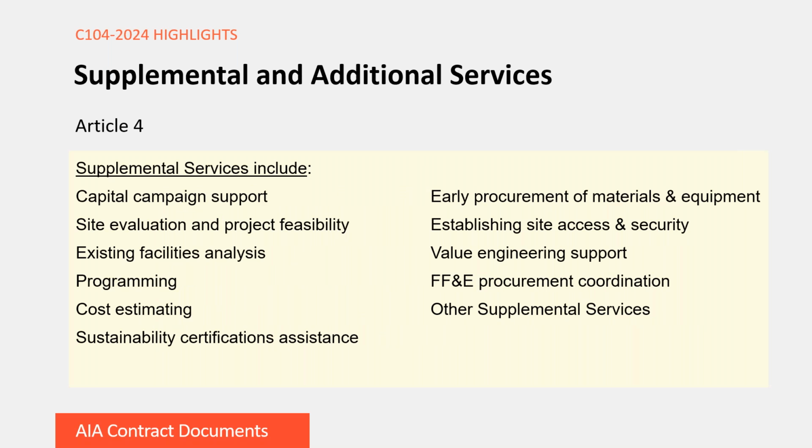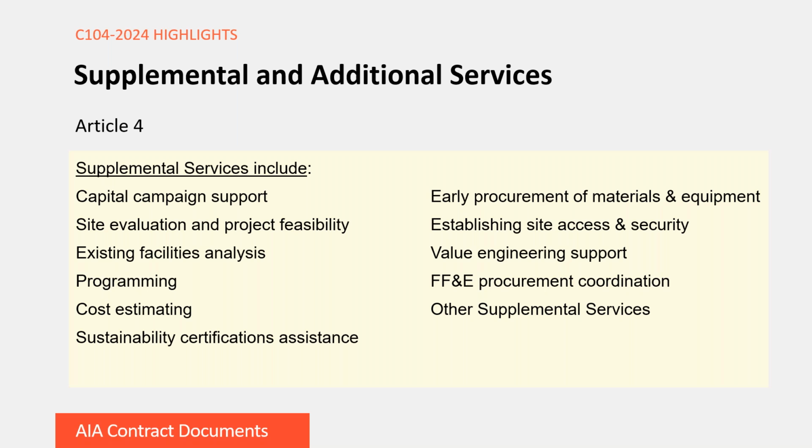Sure. So I think it's helpful as a reminder to say that supplemental services are those services that the parties contemplate performing before the contract is executed. So the supplemental services included in this agreement include some of the most common services that an owner's representative might perform in addition to their basic services. As you look on the slide here, you'll see things like capital campaign support. You may see existing facilities analysis.